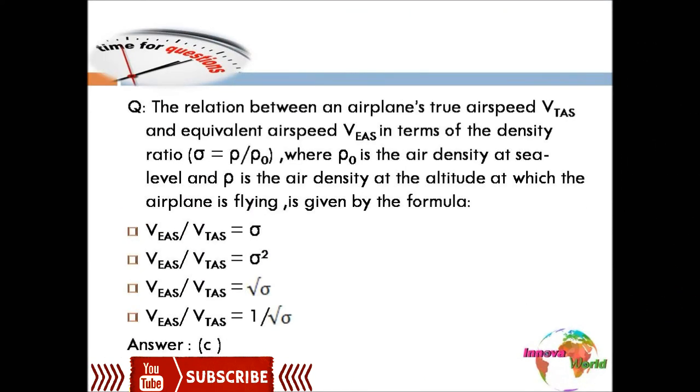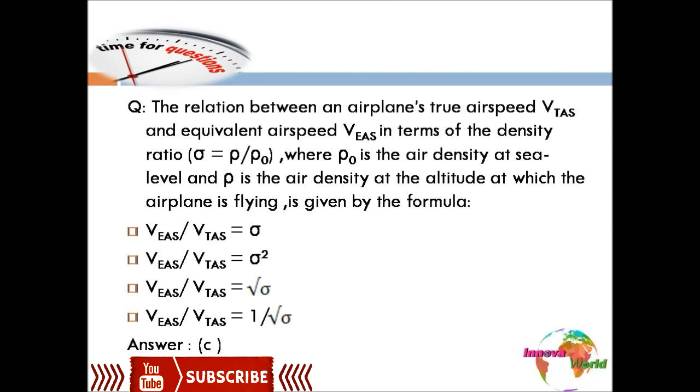Let's come to the last question of this section or tutorial. It's another easy question. You can answer it by yourself. That is VTAS and the equivalent airspeed VEAS in terms of density ratio. So what is a density ratio? I have said it's sigma, which has already been given, that is rho by rho naught.